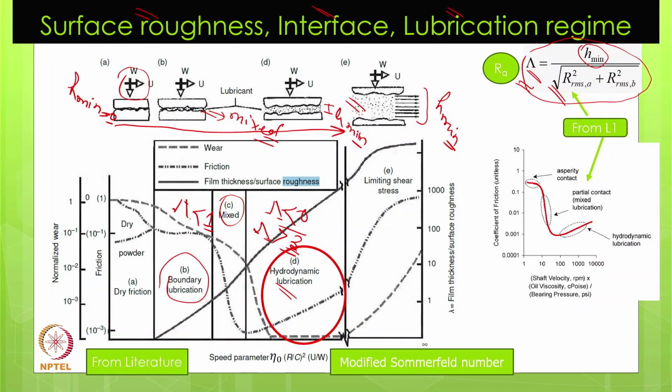In this case particularly, friction was shown in a Stribeck curve, which we covered in lecture 1, while here normalized wear has also been plotted, and you can see the behavior. Wear and friction are following almost a similar kind of trend, though not exactly. Only in hydrodynamic lubrication do you find the wear has dropped to almost zero, while friction is increasing.